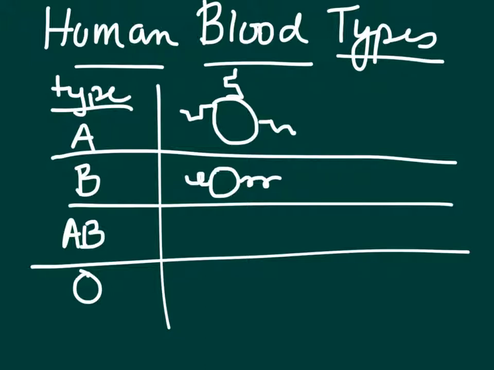If you're AB, you have both shapes on the surface of your blood. And if you're type O, you just have a very simple, basic blood cell. Nothing sticking out, no curly cues, no squiggles. It's nice and plain.